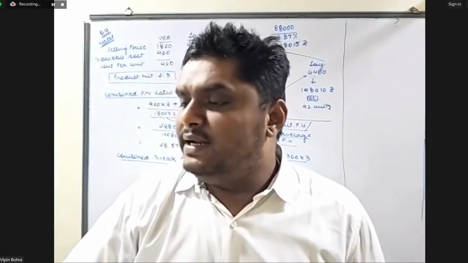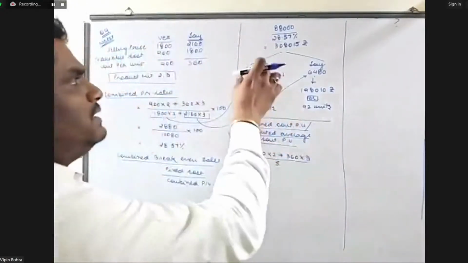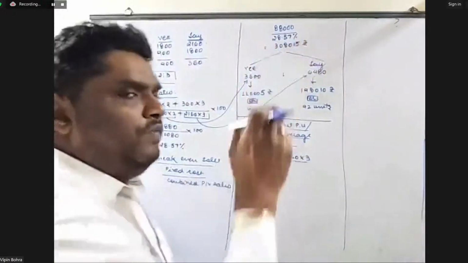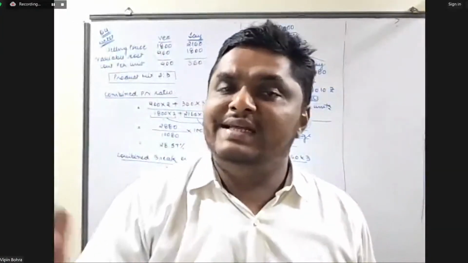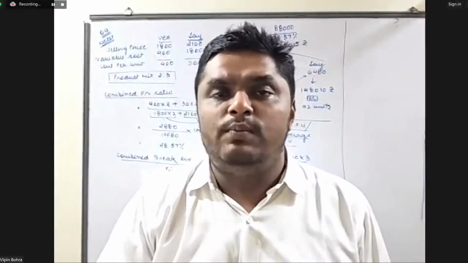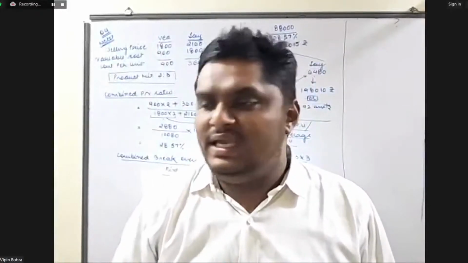No, it can't be directly 2:3 because this 308015 covers the quantity as well as the price. That is the weight as well as the price. So we have to consider both to distribute the combined break-even sales.